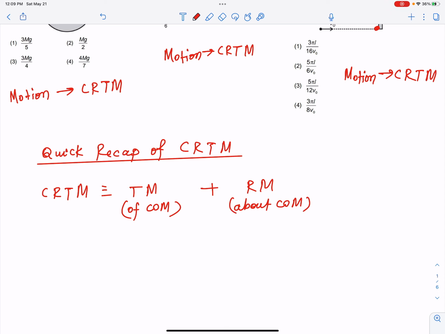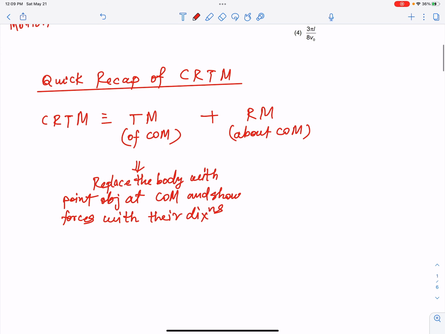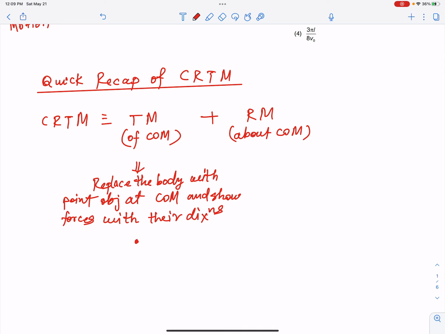In translational motion, what we have to do is replace the body with a point object at the center of mass, and so all the forces with their directions.